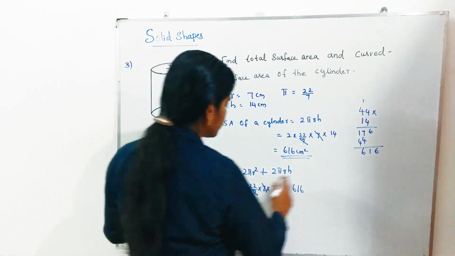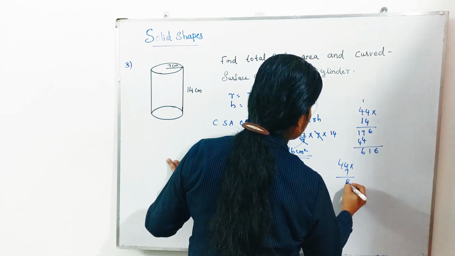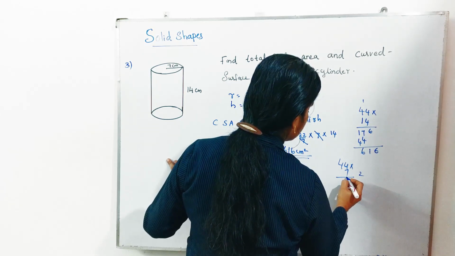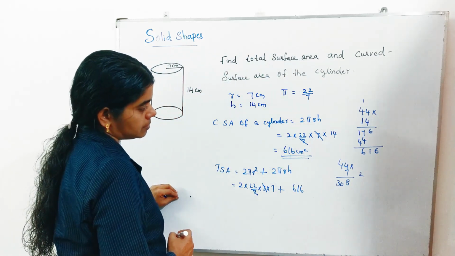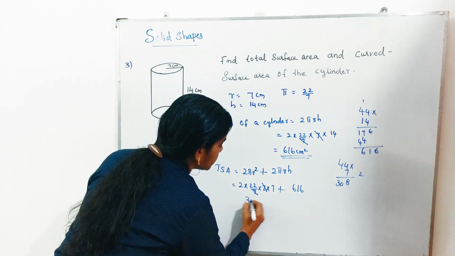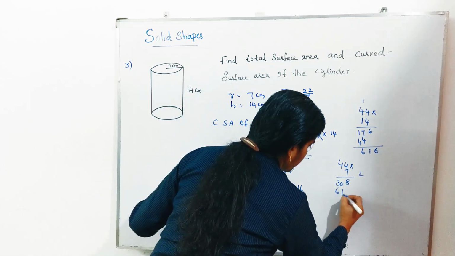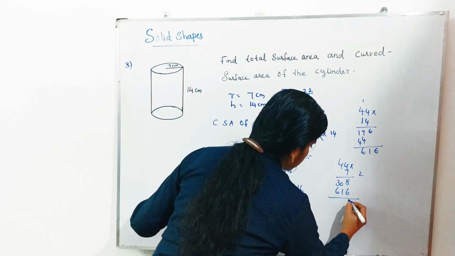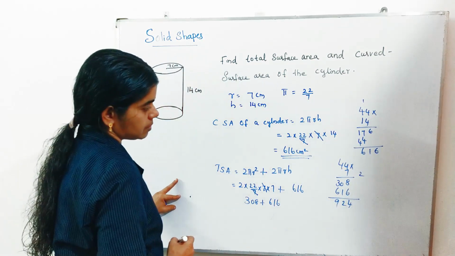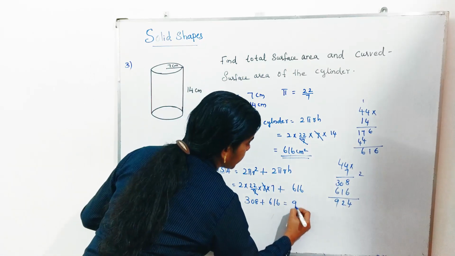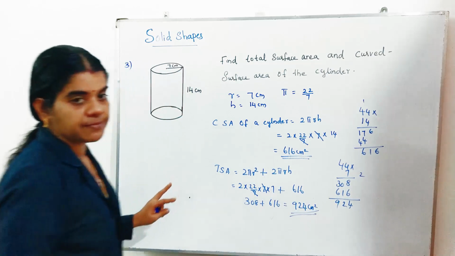Then 44 into 7, 308 plus 616, 924 centimeters square will be the total surface area.